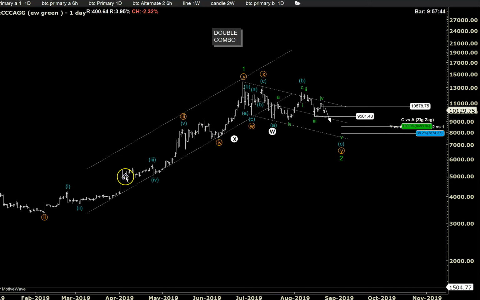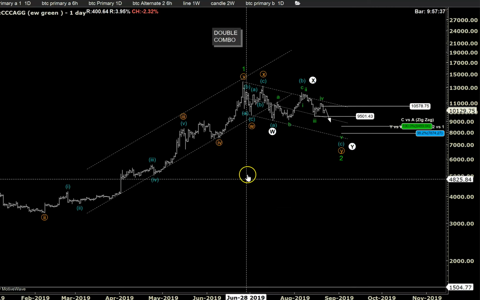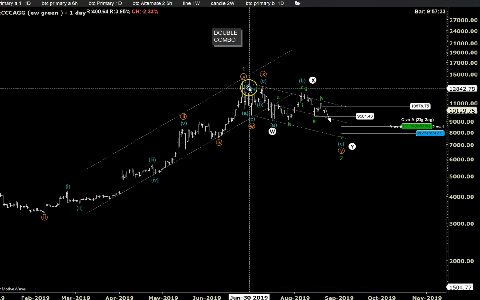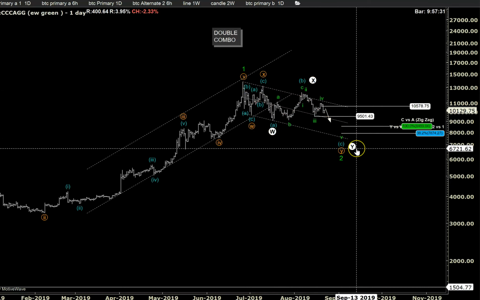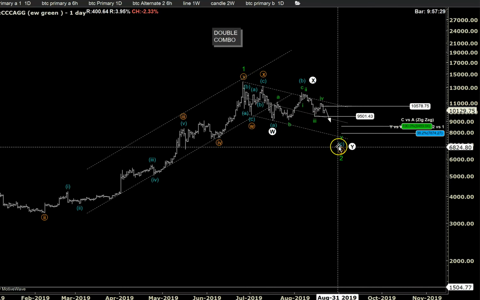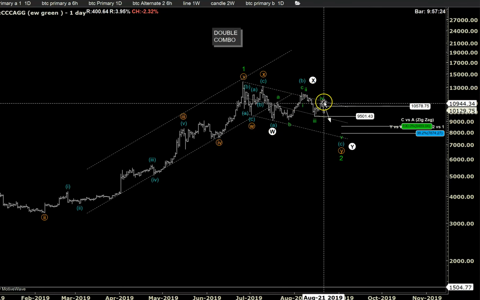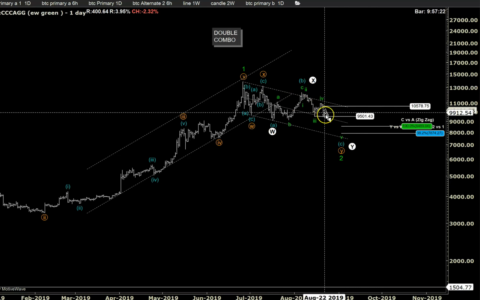And then this can be a connector X, and we are doing a Y wave. So being that it is a WX and then a longer Y in an ABC, or a WX and a Y in a correction, so in a double zigzag, all these scenarios are kind of pointing lower towards the completion of this leg.